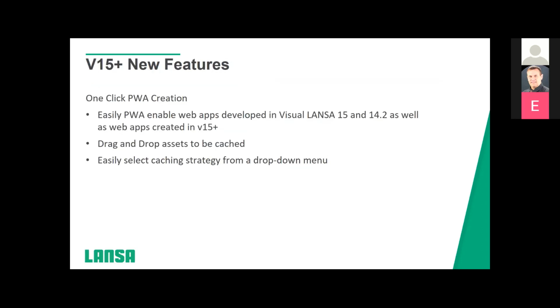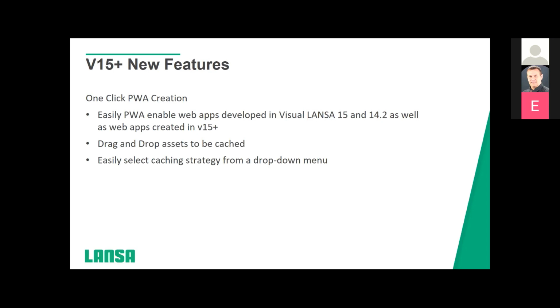Okay, so V15 Plus. This is the exciting part. I'm going to go over the one big, huge main feature, and that's the one-click PWA creation. You're going to be able to easily PWA enable web apps developed in Visual LANSA 15 and 14.2, as well as web apps you created in 15 Plus, with simply a click of a button.